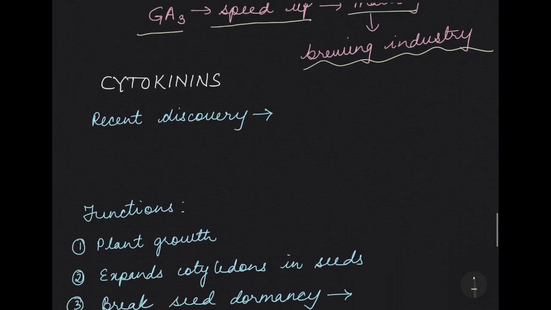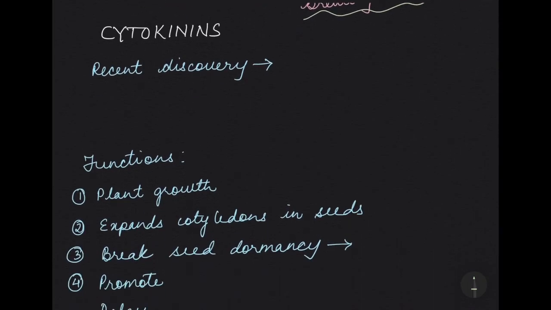Now moving on to the next type of plant hormone, which is cytokinin. Cytokinins have been discovered very recently, in about the 1950s. Cytokinins have specific effects on cell division.